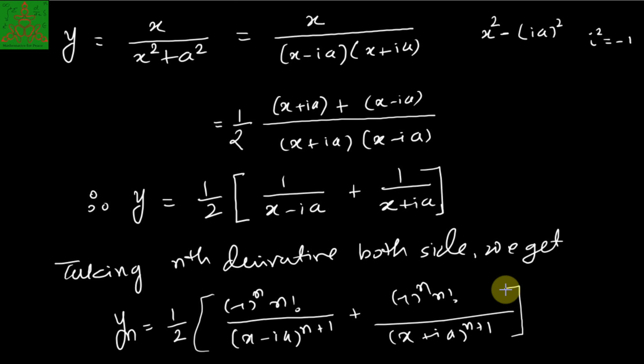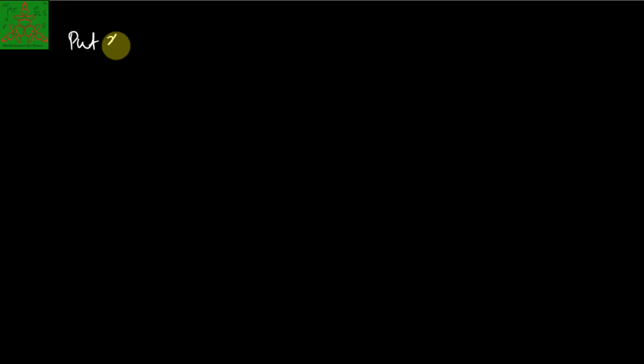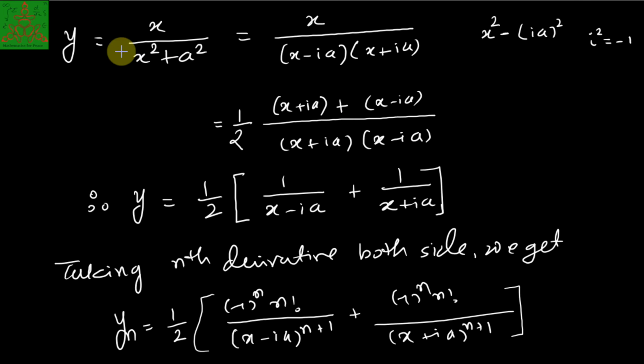This is the nth derivative, but if you want to express this further, then you can take x equal to r cos theta and a equal to r sin theta. Why are we doing this? Because this expression is given in real numbers and the result comes with i, which is a complex number.